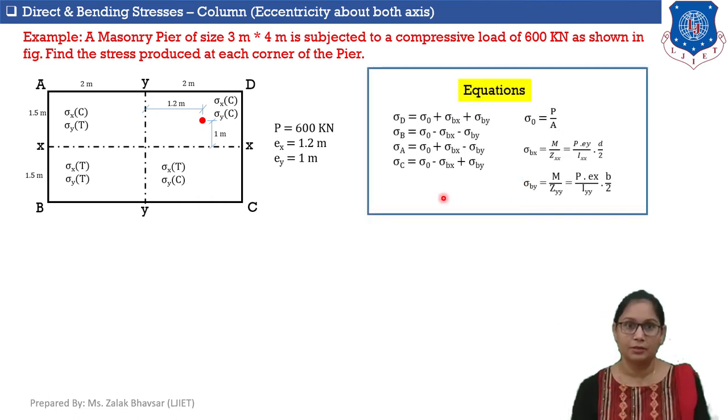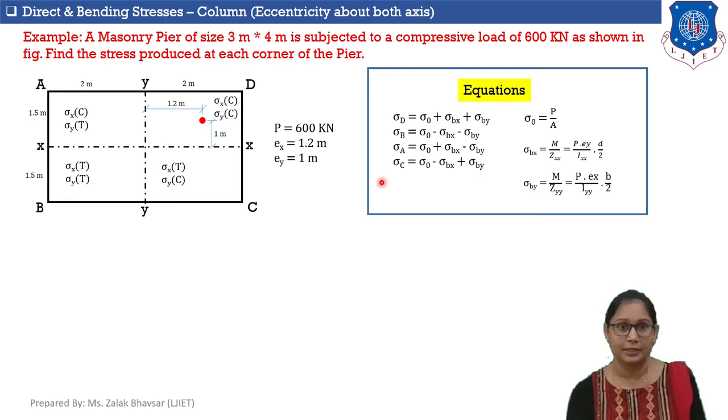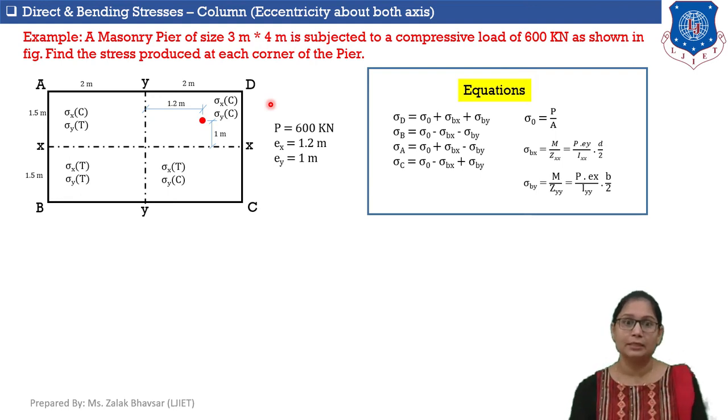These are the equations that we will use for calculating this numerical. First of all, we need to use all these equations to calculate stresses at all four corners of the column section as we discussed in previous slide. Okay. Now, we also need to recall equations that we discussed in previous sessions. So, sigma 0 is a direct stress. Sigma 0 is P by A, where P is the axial load.